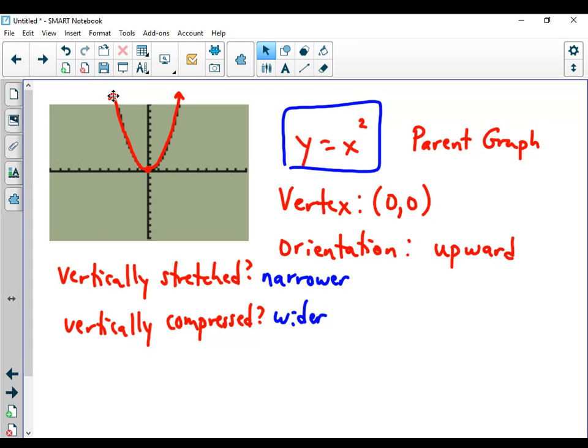Literally all you're doing is like having y. So then it's... I think it's X squared.